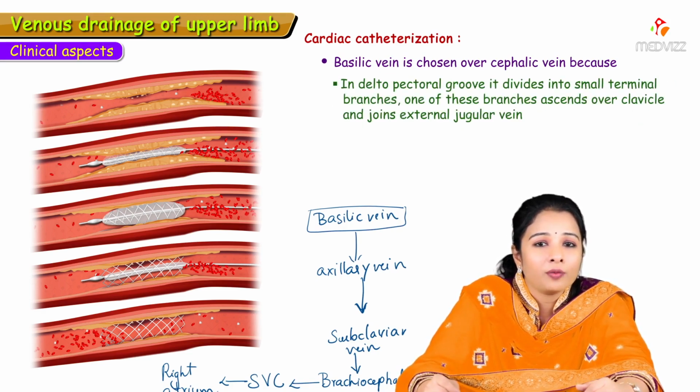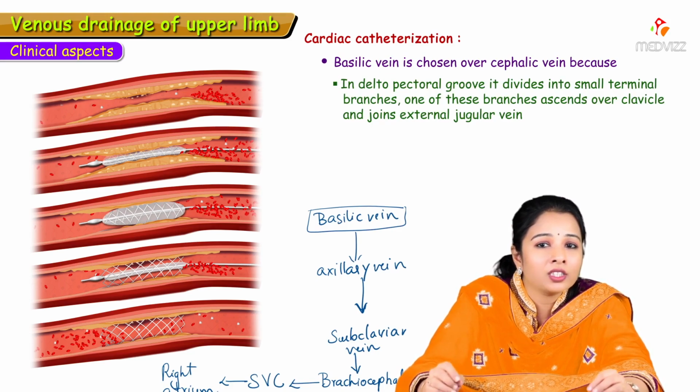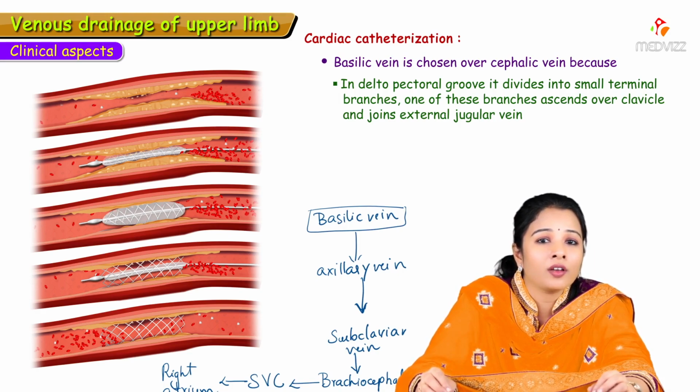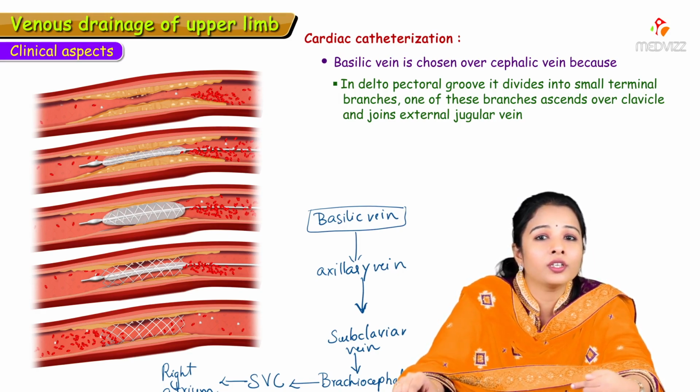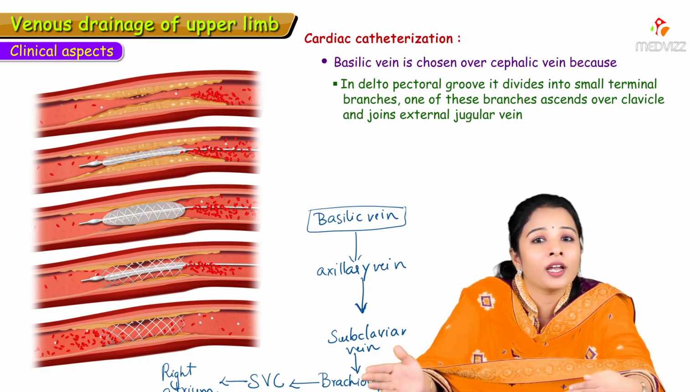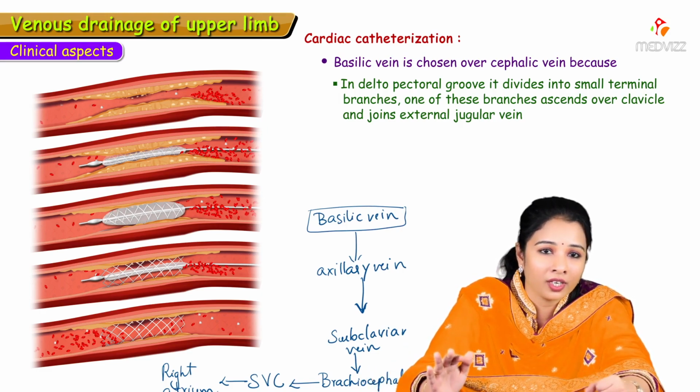In the deltopectoral groove, it frequently divides into small terminal branches. That is also one reason for not choosing it for cardiac catheterization. One of these branches ascends over the clavicle and joins the external jugular vein. So instead of going into the subclavian vein, you may end up entering the external jugular vein.